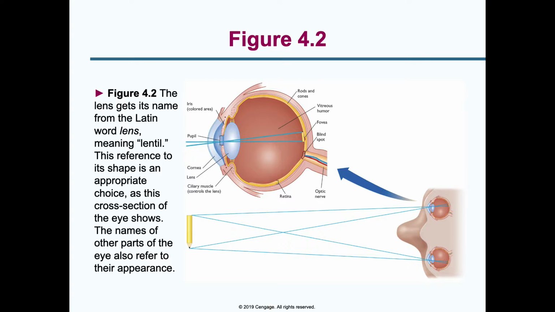Okay, this next slide really takes us into the nitty gritty of the parts of the eye, and it gives us a nice overview. Some background information: lens gets its name from the Latin word lens, and it means lentil. If any of you have ever had lentil soup, a lentil has almost the shape of a bean, I guess you can think of it.